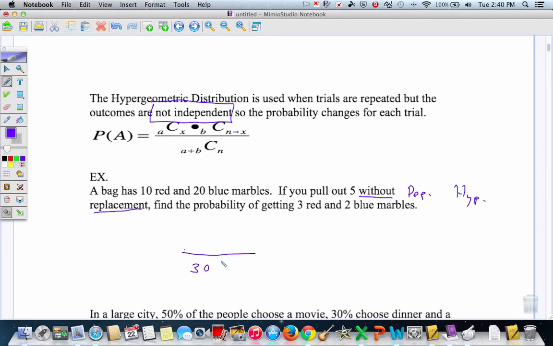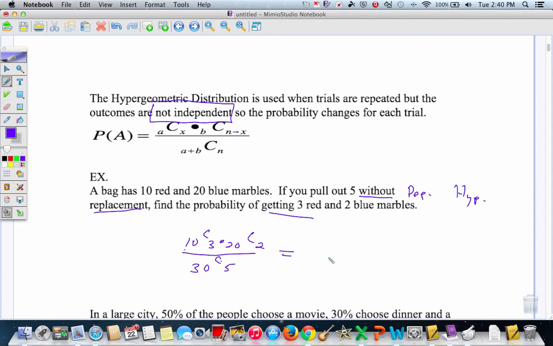So we start with our denominator, much like we did back in Chapter 4. We have 30 total marbles to choose from, and of those 30, we're going to select 5. Of our 30, 10 are red and 20 are blue. And then we want to find the probability of getting 3 red. So of the 10 red, we want 3. And of the 20 that are blue, we want to pull out 2.